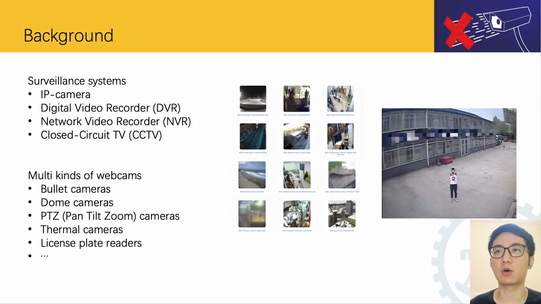Multiple kinds of surveillance systems, ranging from IP cameras, digital video recorders, and network video recorders to CCTV, are critical to a number of applications, such as deterring crimes.